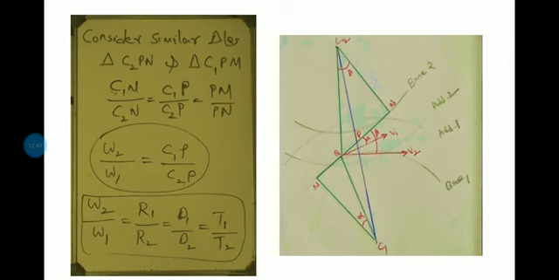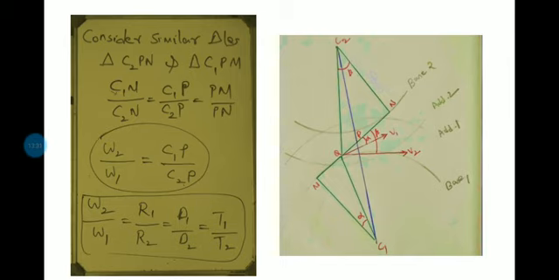These are similar triangles because the sides are straight lines. So we can write C1M by the corresponding side of the other triangle C2N equals C1P divided by the corresponding side C2P, which is also equal to the third side PM by PN. Then omega 2 by omega 1 will be equal to C1P by C2P.